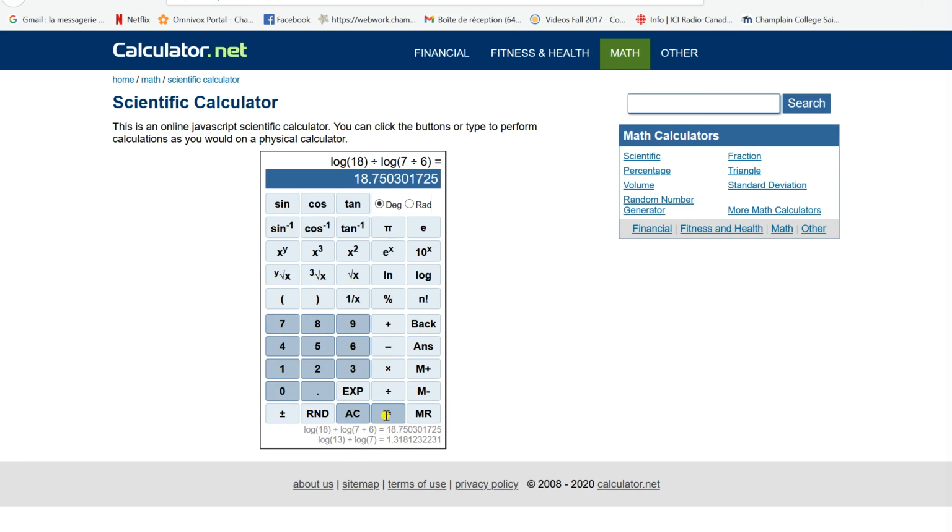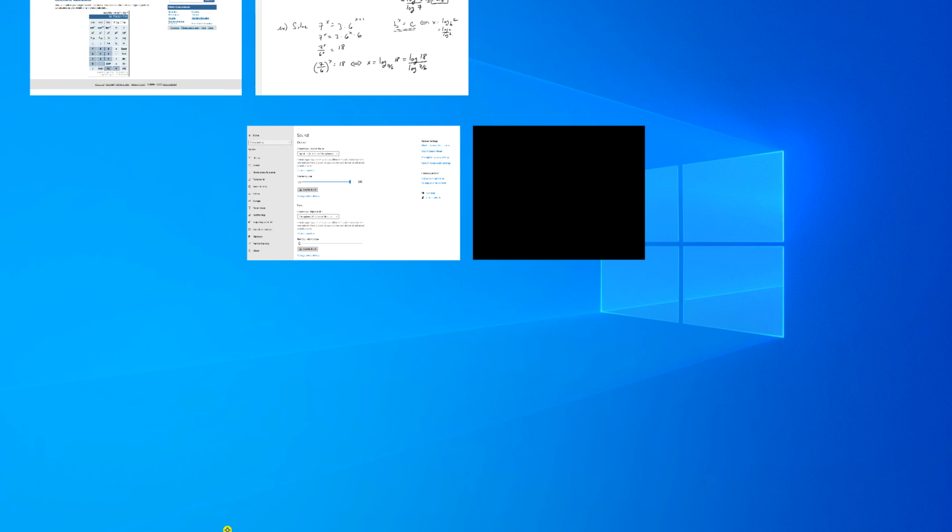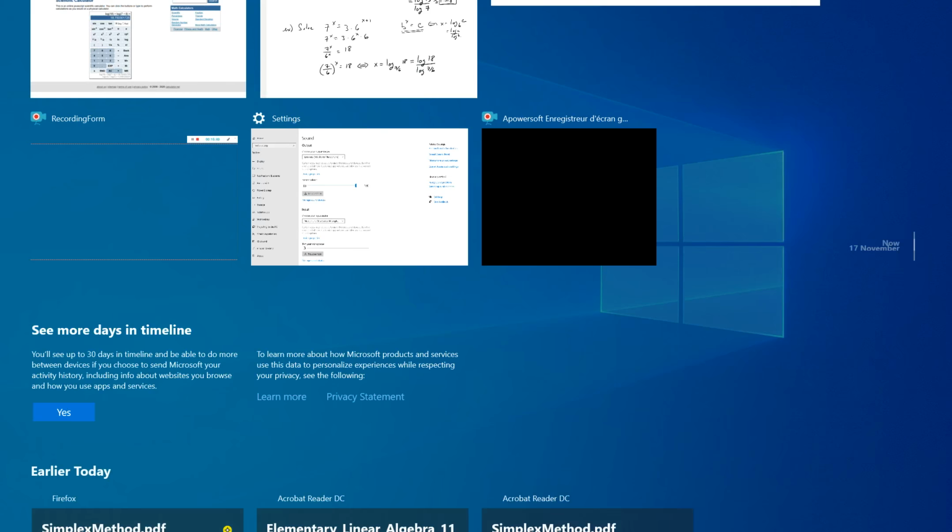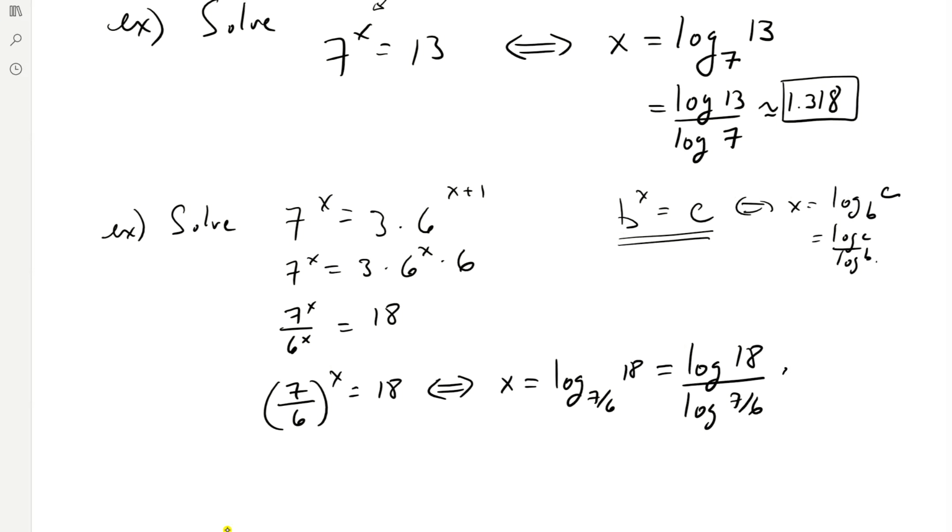And we get 18.750. Let's rewrite this here. 18.750. Once again, you could go back and replace your x by that value and make sure that it works. You'll see that it does. So this is our final answer. And that's it.